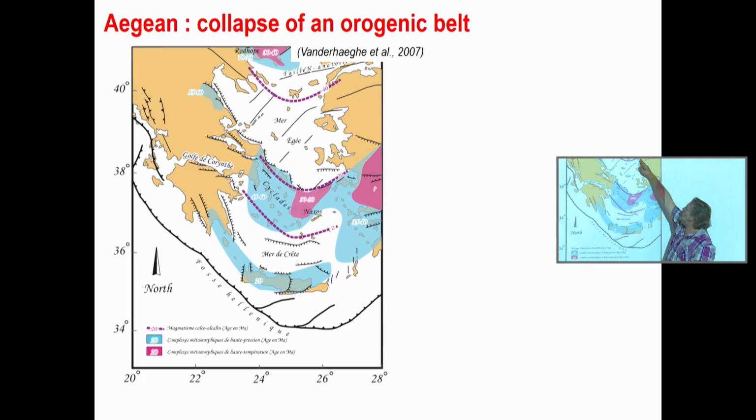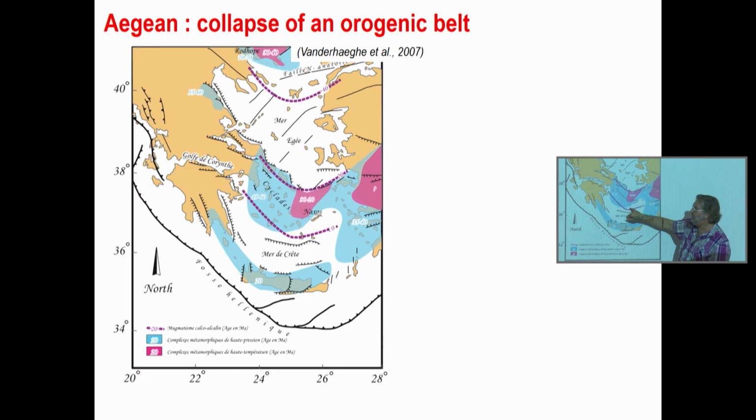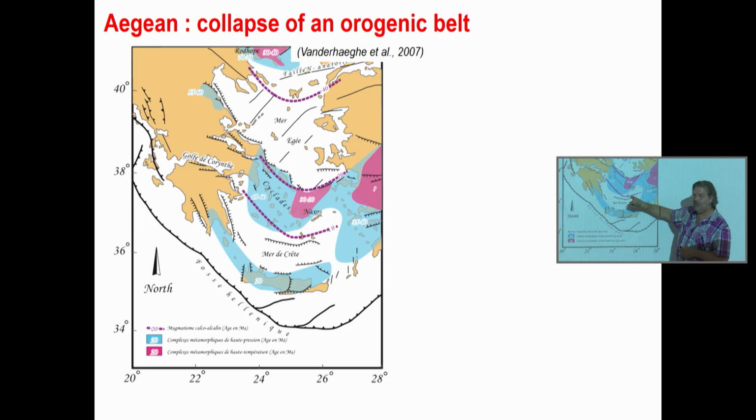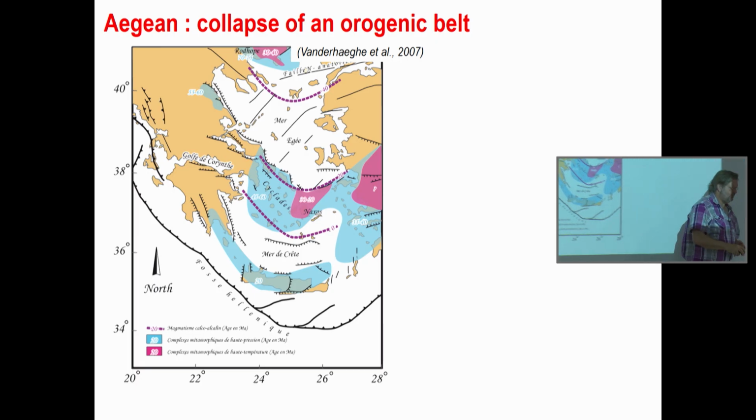So it was 40 million years here, 20 million years here, and it's active today. Santorini, very nice island, very touristic. Santorini is here, and it's an active volcano today. 40, 20, 0.